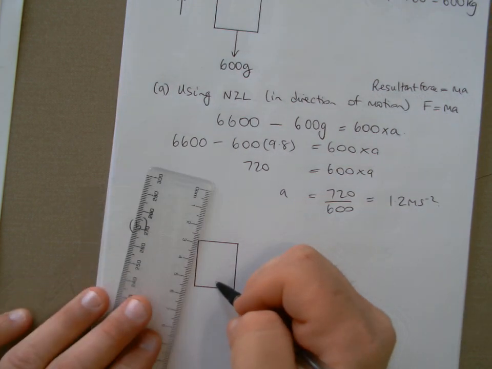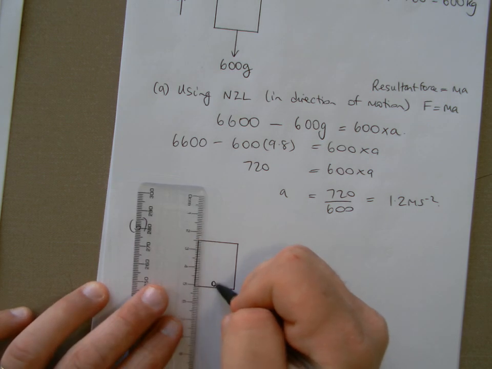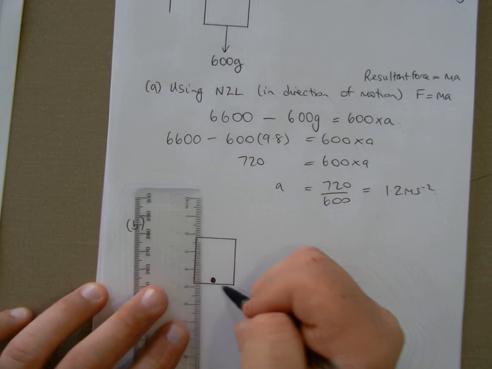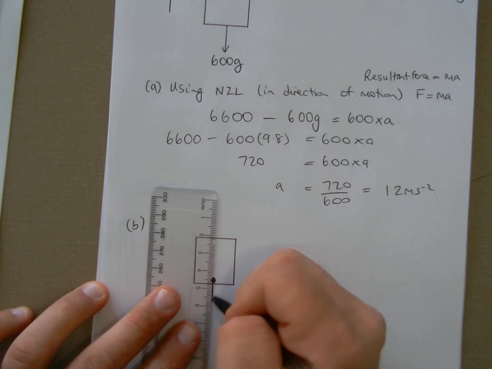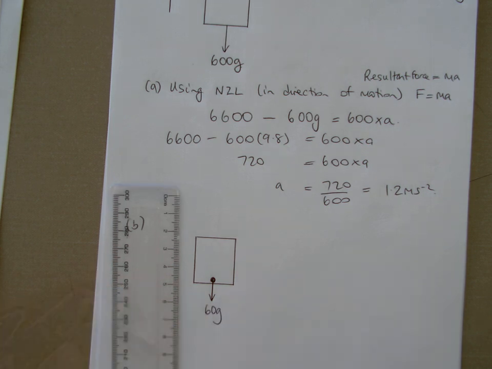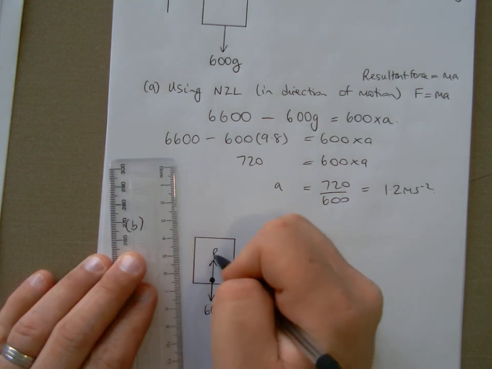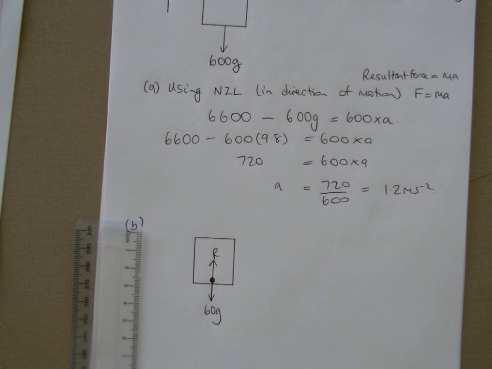Well, the person has a weight: labelling the person as a dot, the weight is 60 kilograms times gravity, so 60 G. And there's a reaction from the floor keeping that person in the lift, because if there wasn't a reaction, that person would just fall straight through the floor. The floor is strong enough to keep the person there, pushing the person up. So there's the reaction.